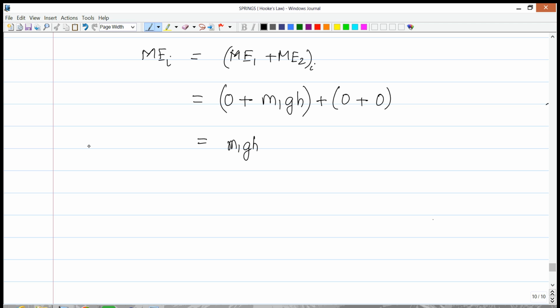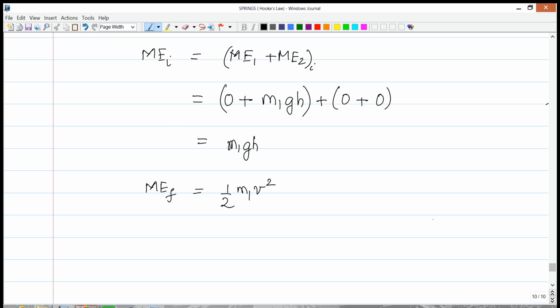So you see that the mechanical energy is very easily M1 g h. Life is good. Now, let us find the mechanical energy at the end. Now you realize that once they both move to height h, they're both moving. Since they're connected by a light and inextensible string, they both have the same speeds. So they'll both have kinetic energies, but only one of them will have potential energy that we need to worry about. So let's write down everything for M1. M1 has kinetic energy, 1/2 m1 v squared.